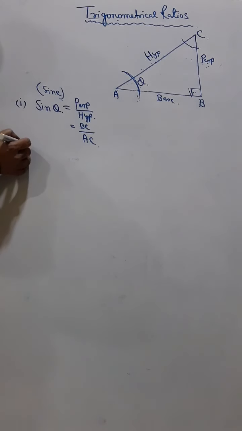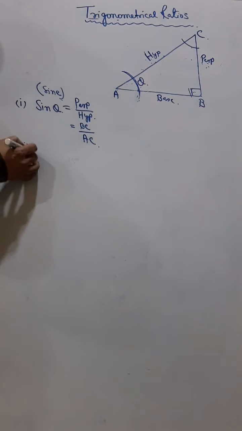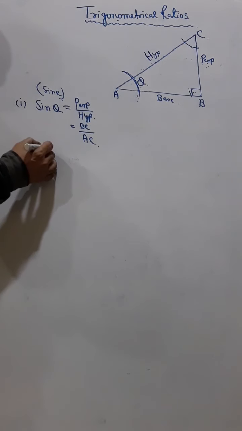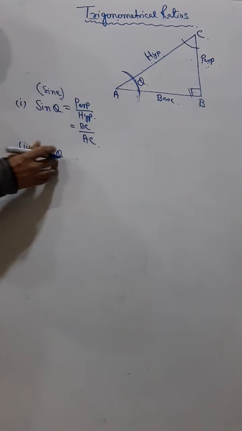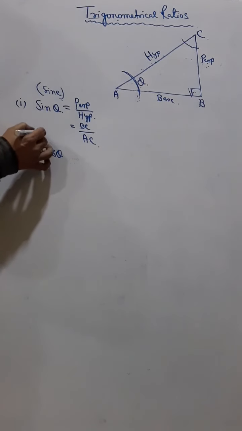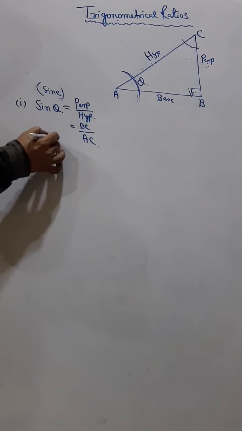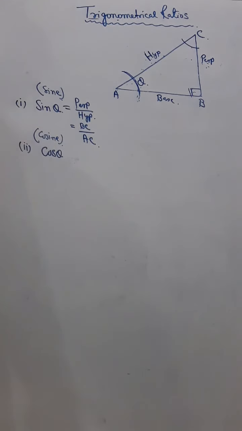The next trigonometrical ratio is cos theta. Okay, cos. Again this is also a short form. It is in fact known as cosine, but in short we say cos.